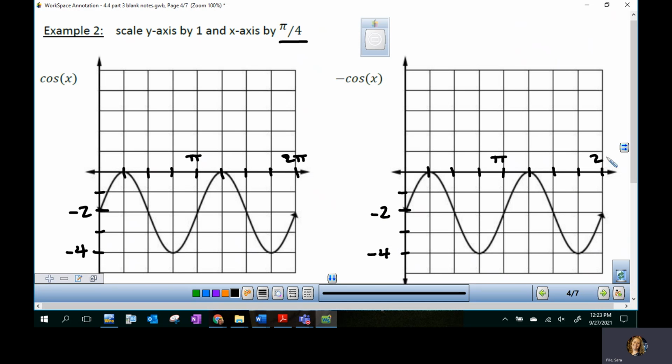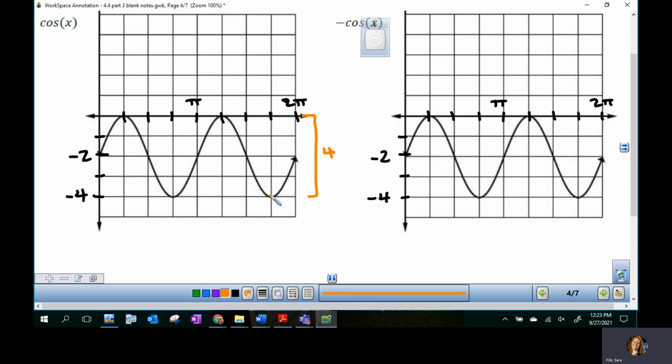So I go from 0 to -4. So the height is 4, right? What's the amplitude? From the low, go up to, or from a high, come down to. It doesn't matter. That's going to get you to the same spot at -2 for the midline.